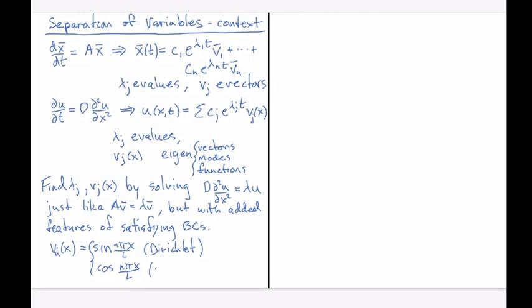And this one, the cosine, is when you have Neumann boundary conditions. Okay, and then other boundary conditions will give you other eigenmodes or eigenfunctions, but these are the two most common ones.